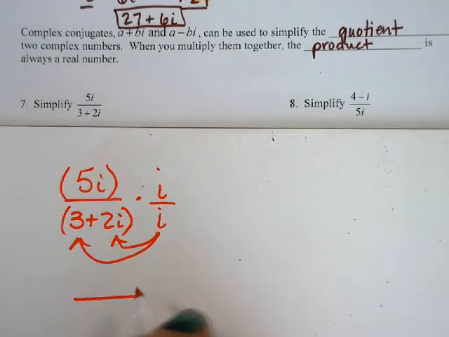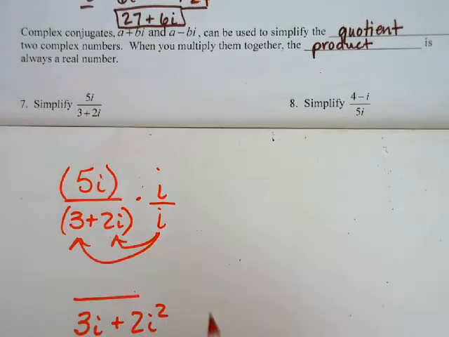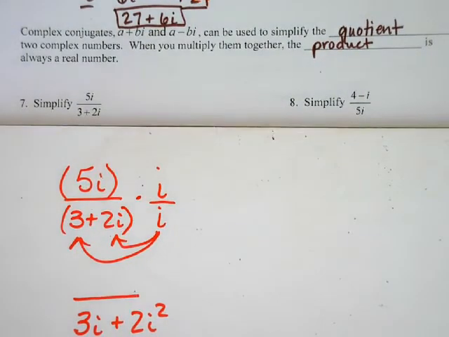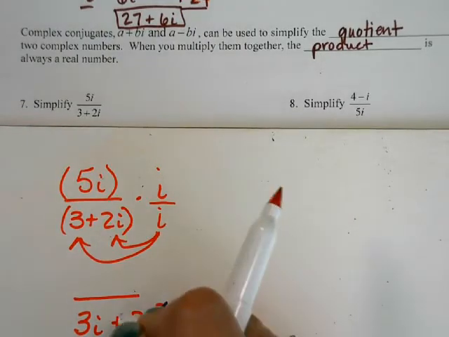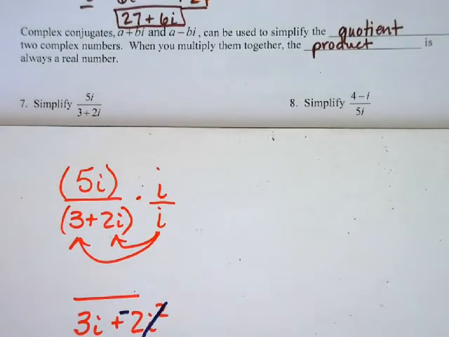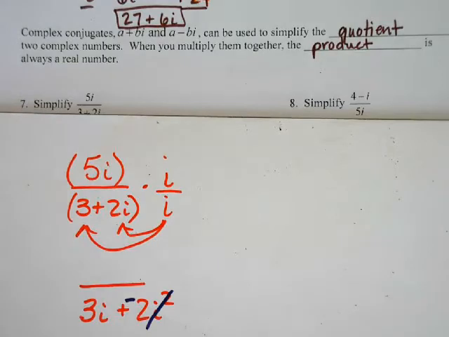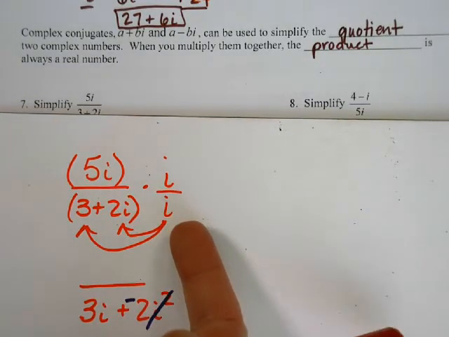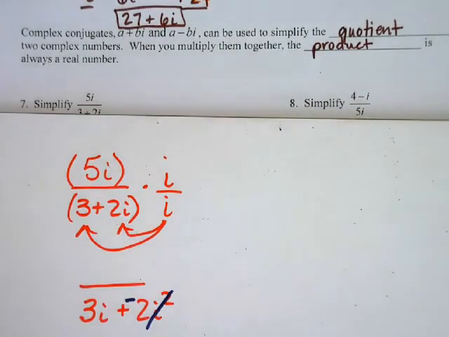In the denominator, I would just get 3i plus 2i squared, and we decided that anytime it was i squared, you could just cross it out and flip its sign. Well, did I fix anything? No, I just moved the i to the other side. Just like with radicals, right? If I just multiplied by one thing, I just move it back and forth.